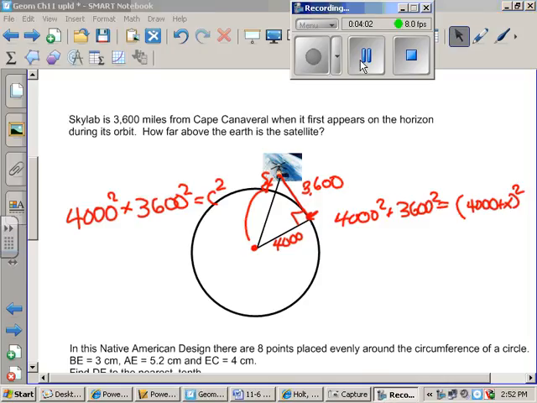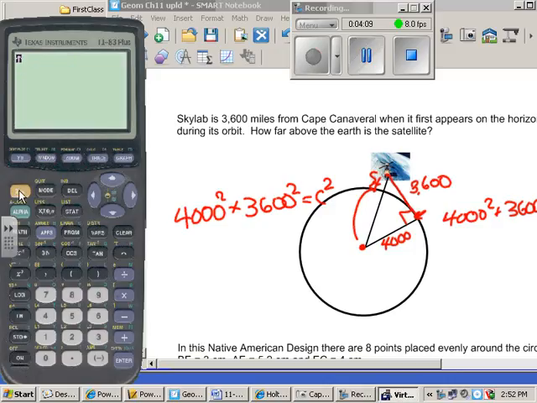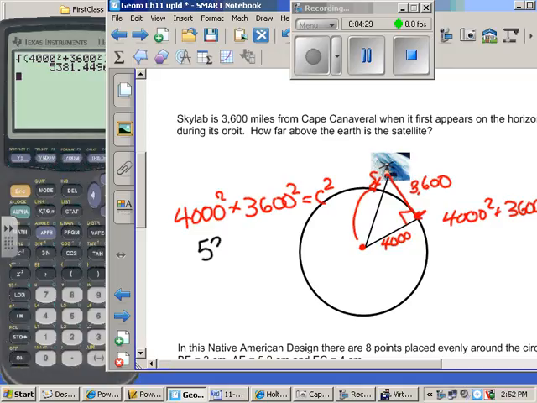All right, we need a calculator. That's the square root of 4,000 squared plus 3,600 squared. And that gives me 5,381.4, sorry, 5,381.4 miles, not square miles.